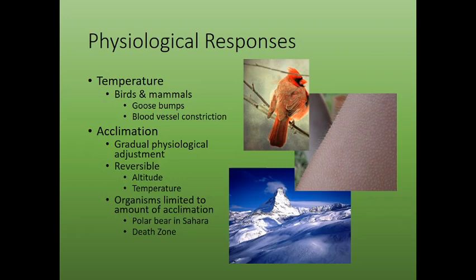But another example of this is acclimation. This is a temporary change where your body changes physiologically. An example is a high altitude climber, right? Let's say you want to climb Mount Everest. You don't just fly to Mount Everest one day and climb up. You have to stay at 14,000 feet for a while, then go up to 15,000, 16,000, up until you're at the base camp, which is, I think, around 20,000 feet.